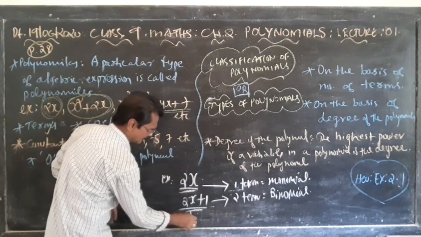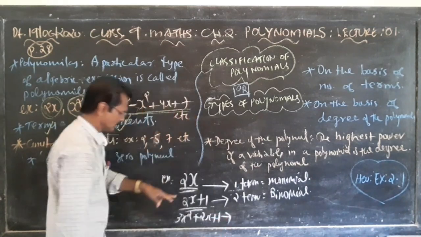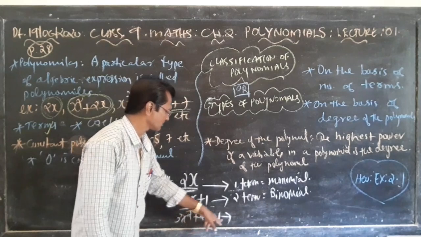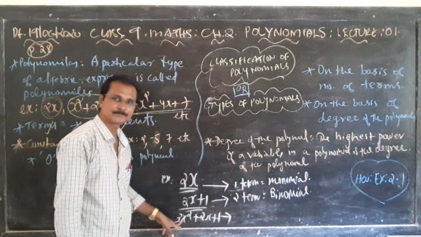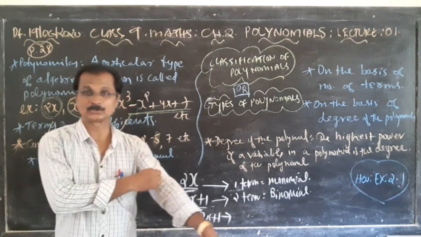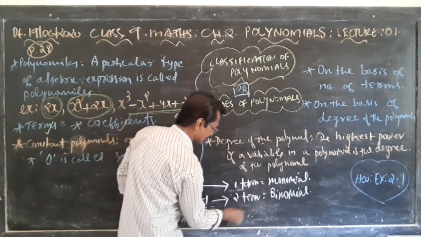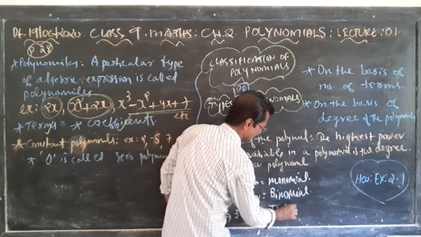Now another example. 3x squared plus 2x plus 1. How many terms? 3 terms. The first one is 3x squared, the second one is 2x, and the last one is a constant term. So 3 terms. If 3 terms are there, it's called a trinomial.